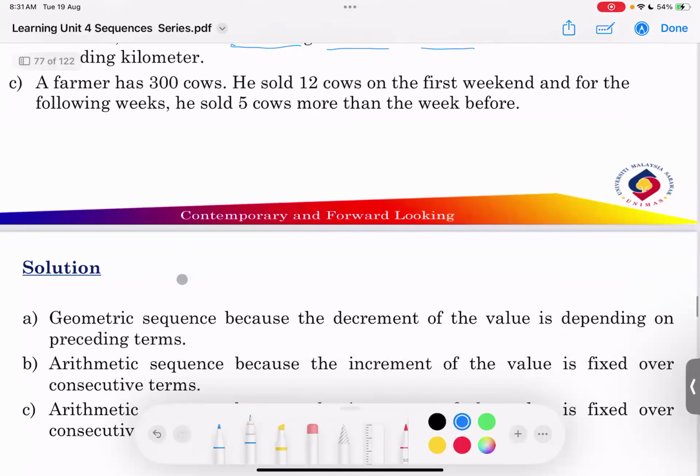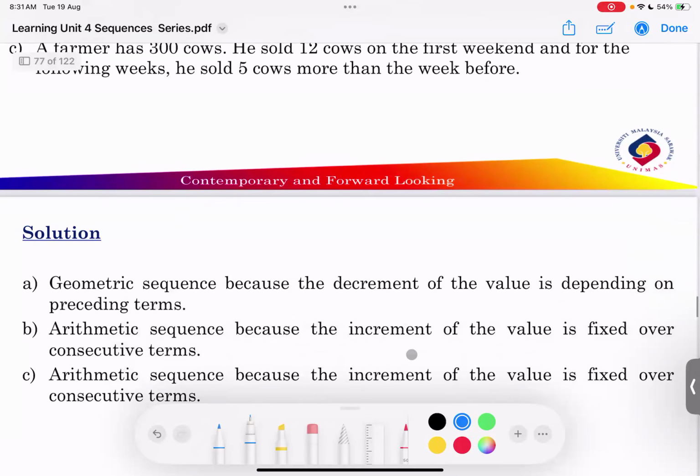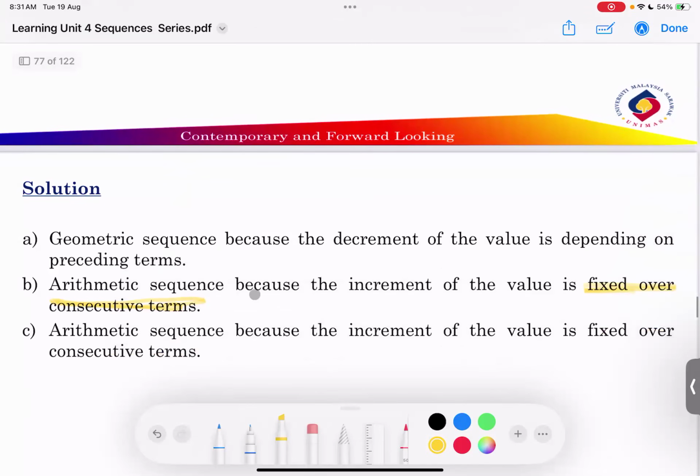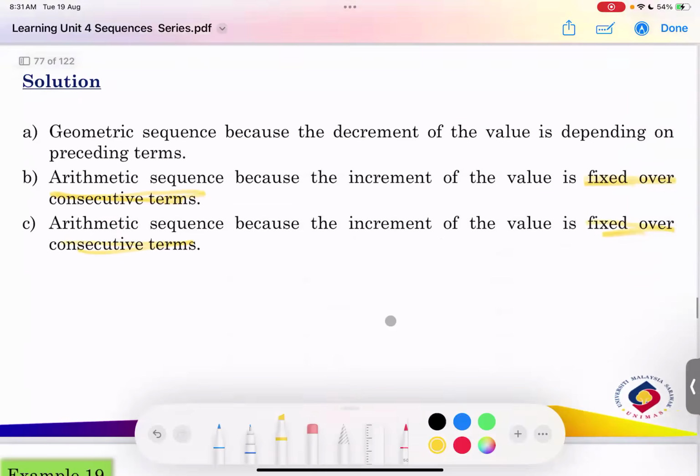As for question B, arithmetic sequence because the increment of the value is fixed. The keywords here are fixed over consecutive terms. As for question C, arithmetic sequence because the increment of the value is fixed over consecutive terms also. So this is the answer for these 3 questions.